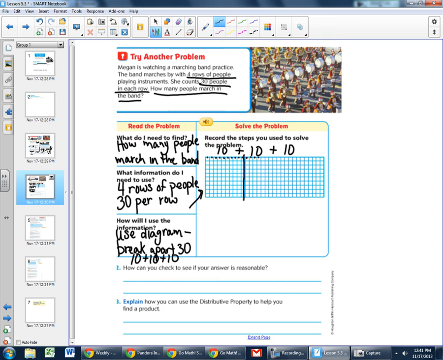Then another 10, and another 10. Okay. Now we need to do how many rows was in our problem. So we're going to do 4 rows. So we have 1, counting that one, 2, 3, 4. Need all of these.